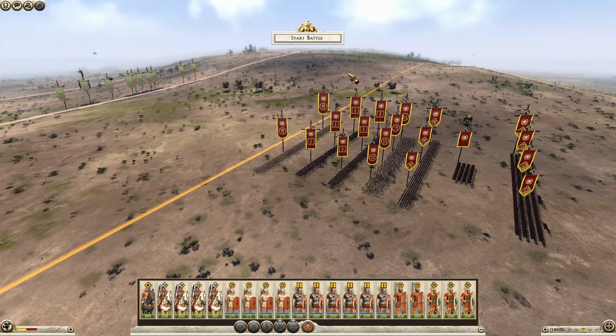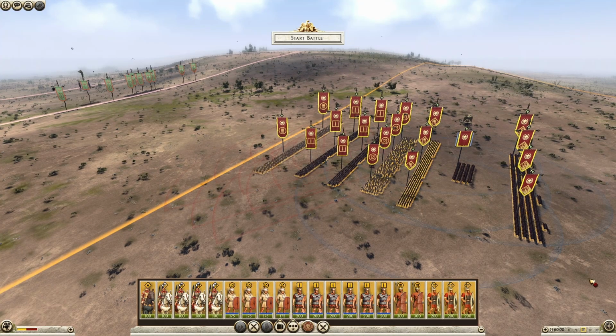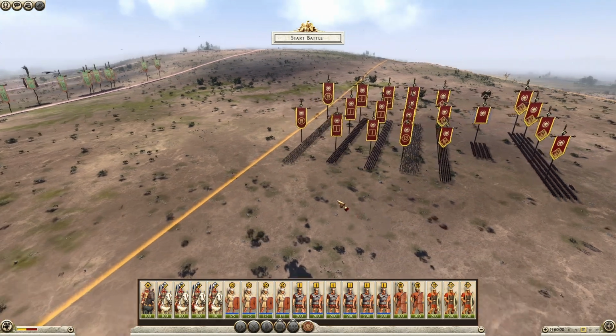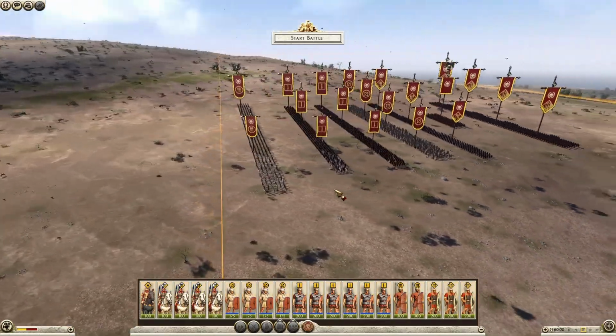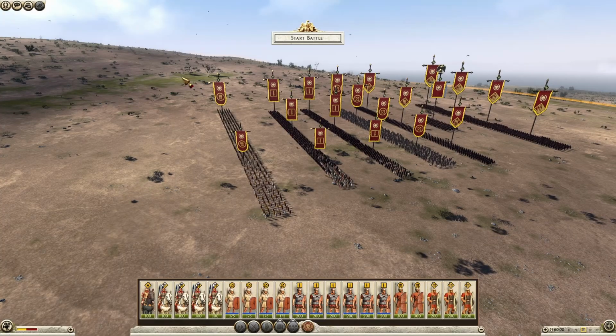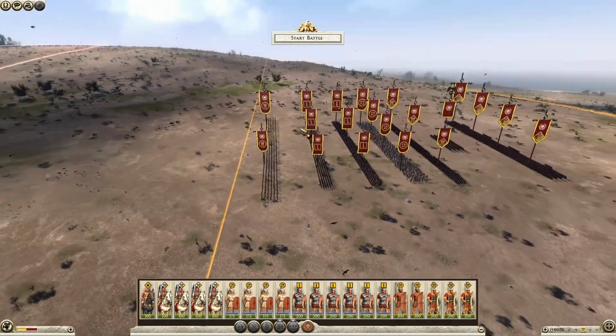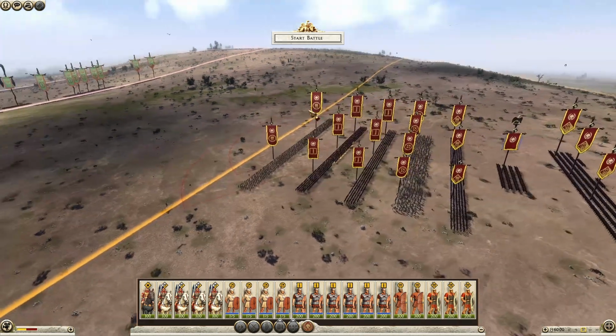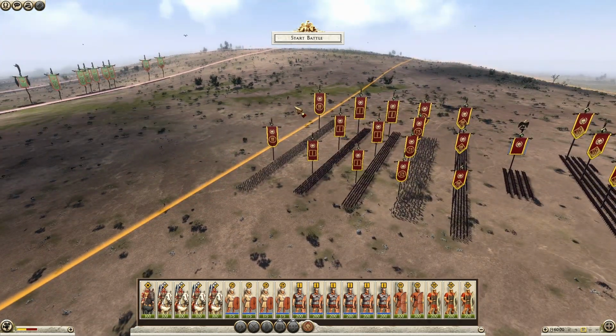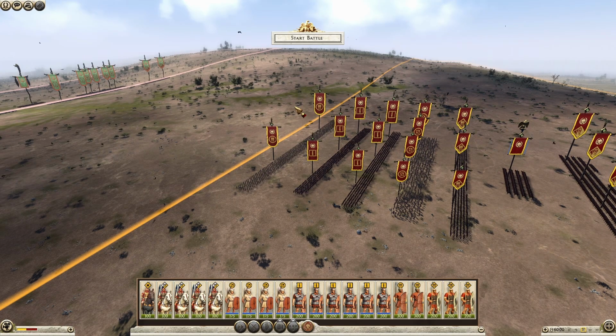And over here you can see this is the formation that I normally use as a Roman. You can see I'm trying to imitate the triplex acies formation of the Romans in history, in reality, but it's not the triplex acies.